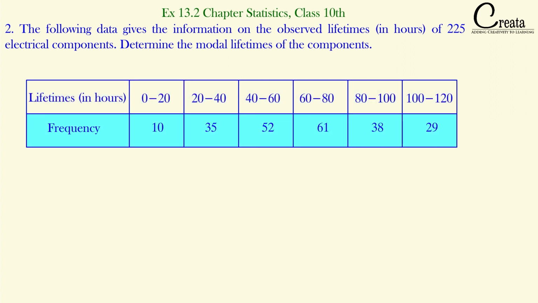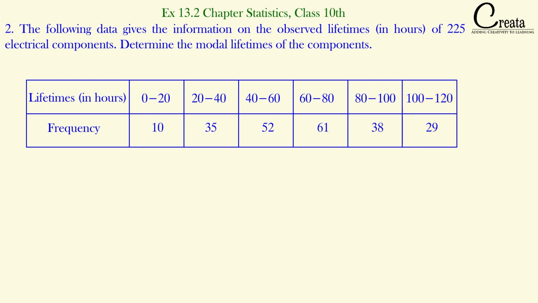In the second row, we are having frequency. Frequency means the number of that component. For example, 10 electrical components, the range of the life is between 0 to 20 hours. That is the lifetime of those components, very less hours. On the extreme right, we are having some components, like 29 components whose lifetime is 100 to 120 hours. That is on the larger side.